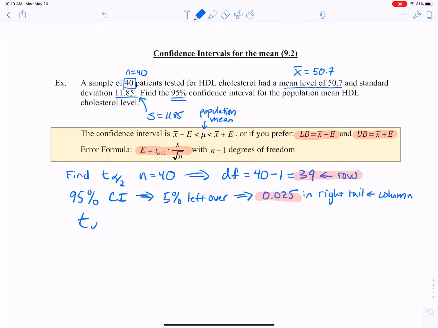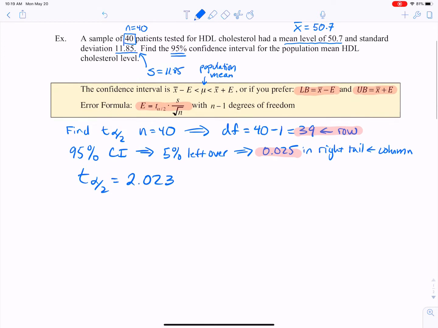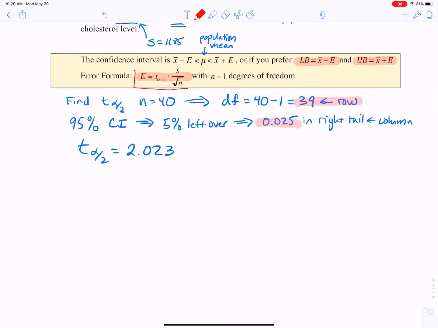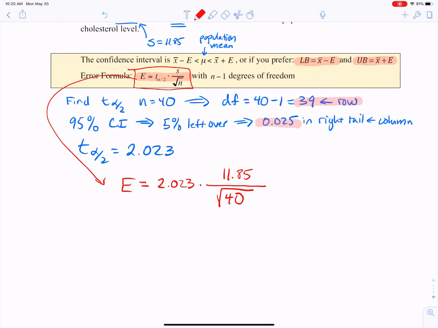Okay, so we know t alpha over 2 is 2.023, and that comes from the table. Okay, so now we can use the error formula right here. The error is equal to t alpha over 2, 2.023, times S, which we found to be 11.85, divided by the square root of the sample size, which is equal to 40.